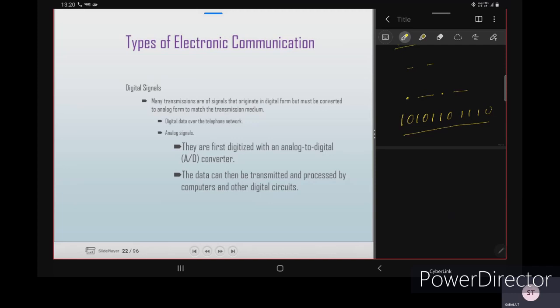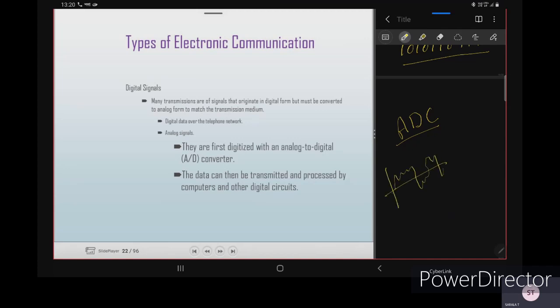When I am speaking, it is an analog signal like a waveform, and you have to convert it into digital form whenever you are transmitting it through the telephone or through wired or wireless communication. If it is a digital transmission platform, then how do you convert it? You always need analog-to-digital converters, that is ADC. It will convert your analog signal into a digital signal. Whatever you write in the form of an analog waveform will be converted into zeros and ones by using some process or circuits.